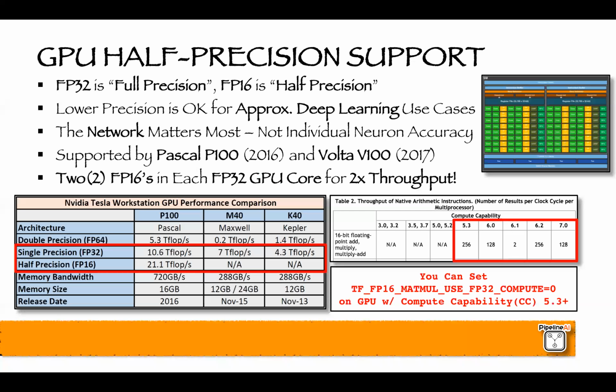And yes, supported by Pascal P100. Volta V100 actually supports floating point 16 and a couple other cool things that I'll talk about in a sec. So Volta, the V100, which came out this year, the consumer version was just announced at NIPS just a couple days ago. It's a $3,000 card.